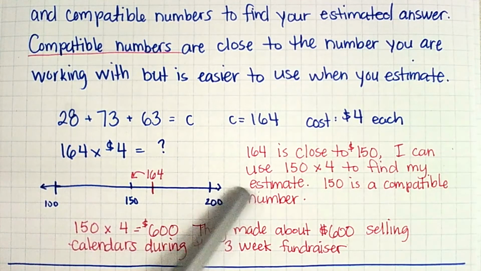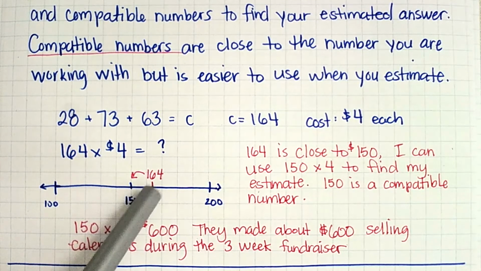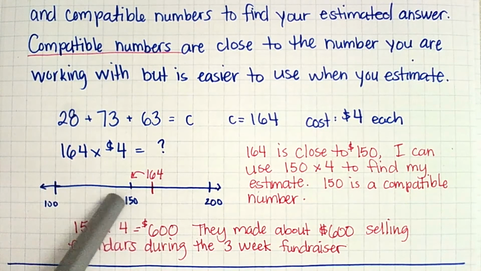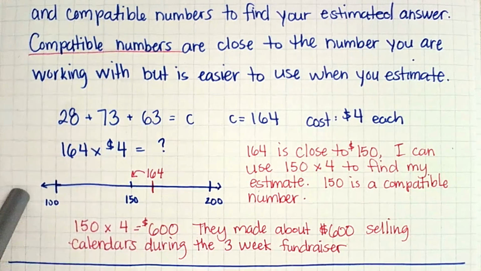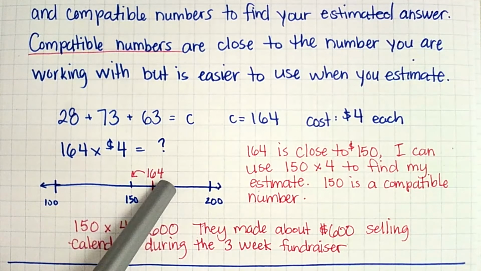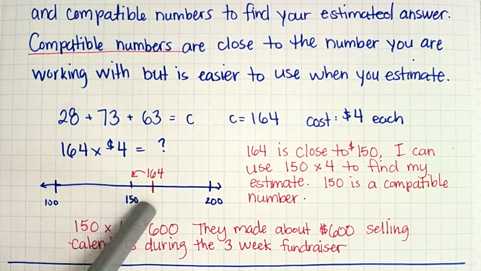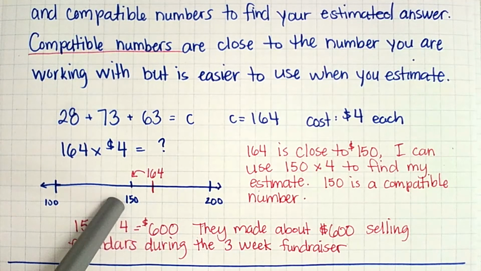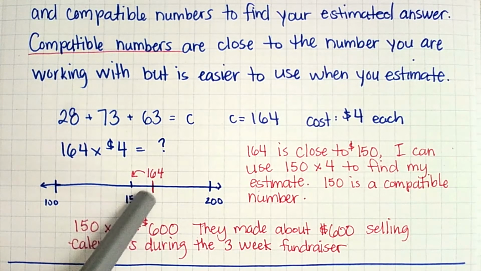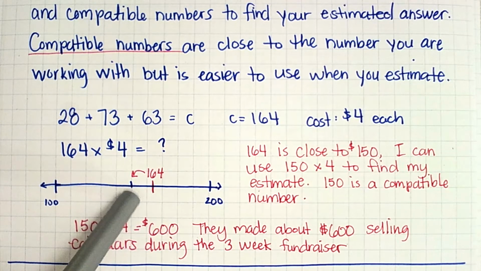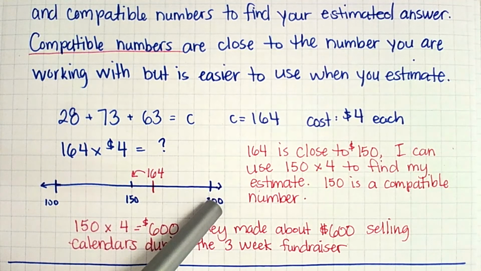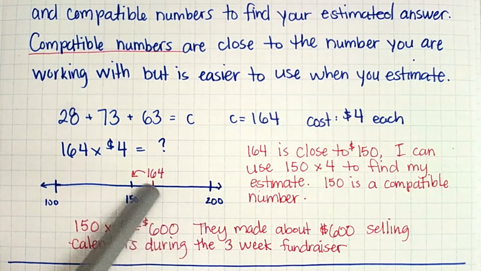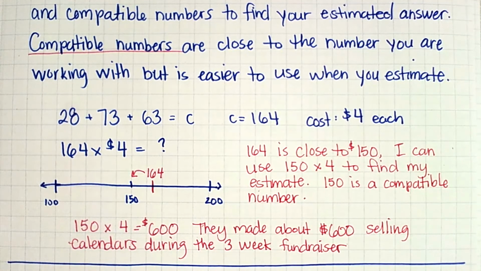Now to find our compatible numbers, we rounded, we wanted to see what it's going to round to. 164 is between 100 and 200. 164 is close to 150, so I'll go with 150 because that's an easy number for me to work with, and it's close to my actual number. If I round up, my answer is going to be too high. It's going to be greater than my actual number. If I round down, my answer is going to be a little bit less than my actual number. But the closer I am to the real number that I'm working with, the more accurate my answer will be.